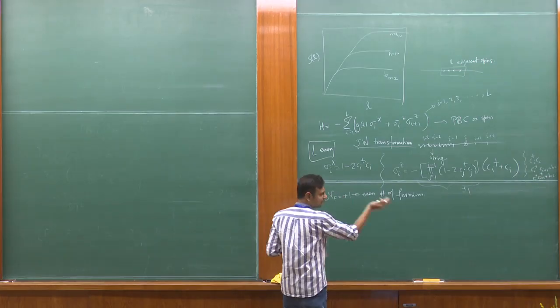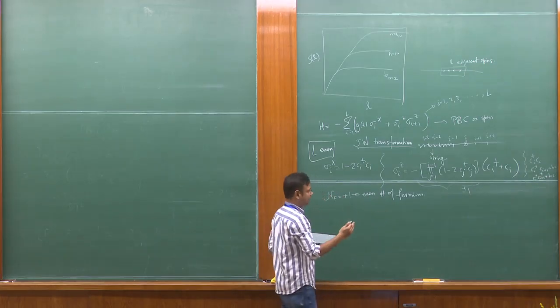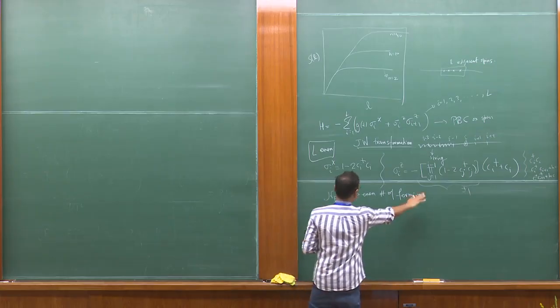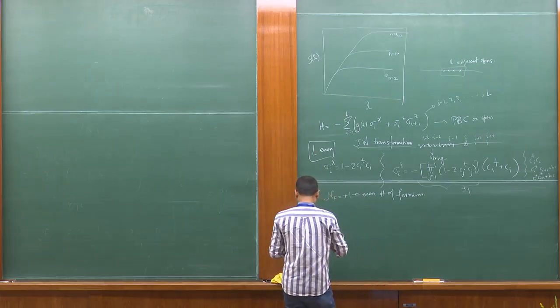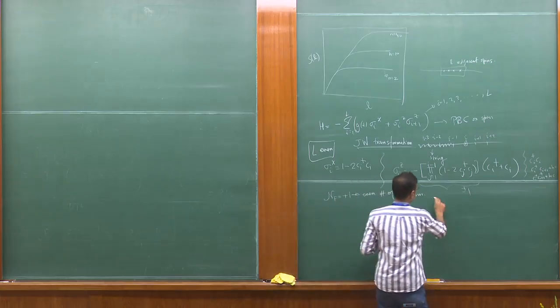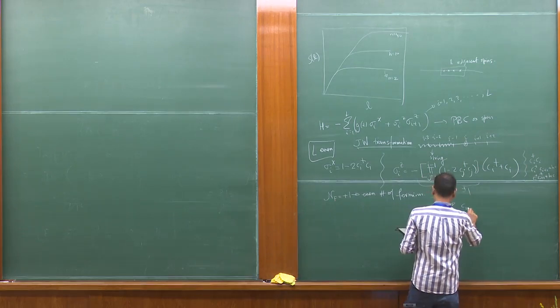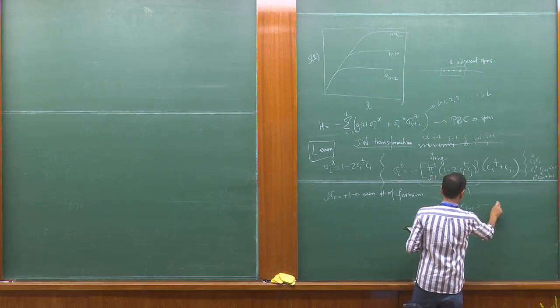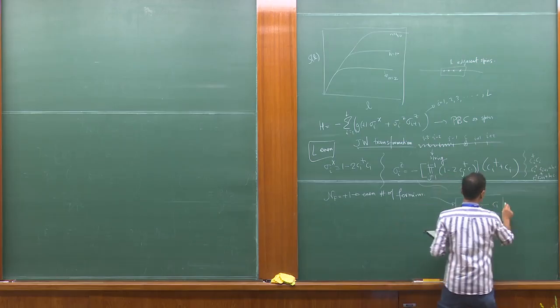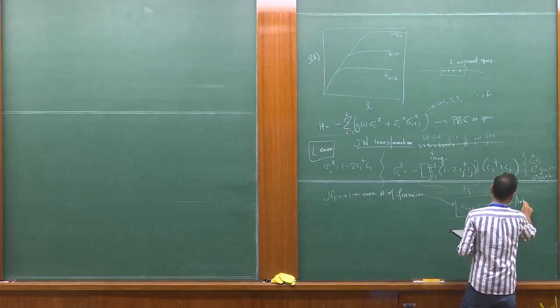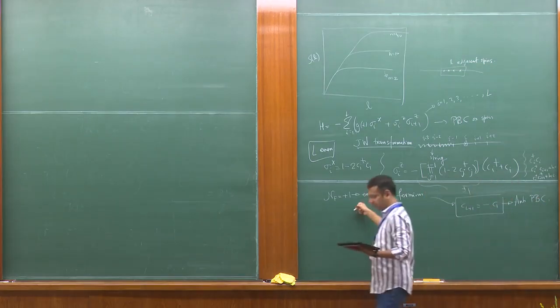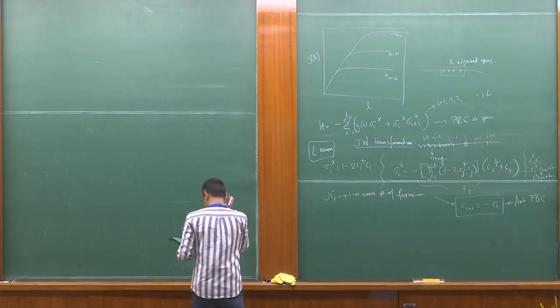And that's a conserved quantity, so the dynamics won't change it. So for simplicity, let me restrict to this. If you restrict to this, this implies, in the language of fermions, that you have to adopt this boundary condition. So the fermions get an anti-periodic boundary condition because of this restriction.